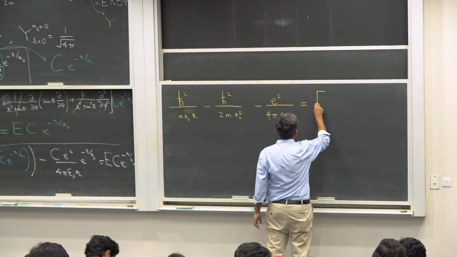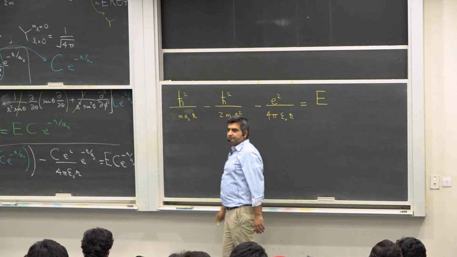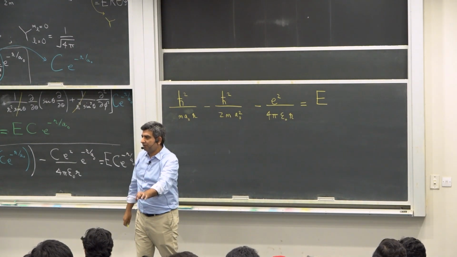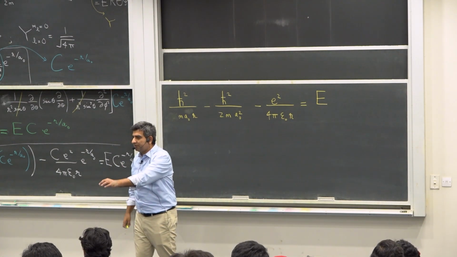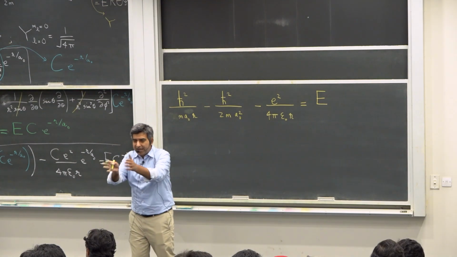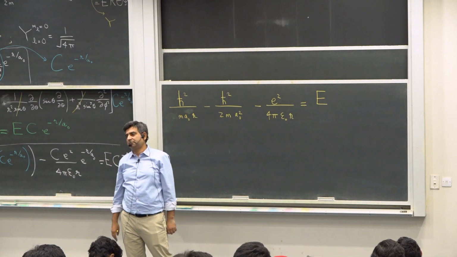This equals the energy of the electron inside the n equals 1, L equals 0, ML equals 0 state.